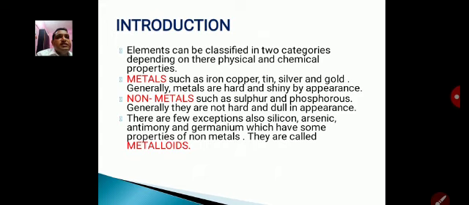These are elements whose properties are intermediate between those of metals and non-metals. For example, metals are good conductors of electricity, whereas non-metals do not conduct electricity. But metalloids are semiconductors. Examples of metalloids are silicon, germanium, arsenic, and tellurium.